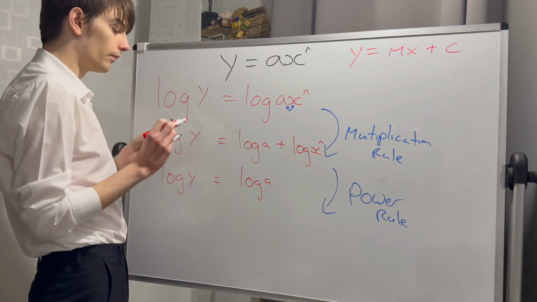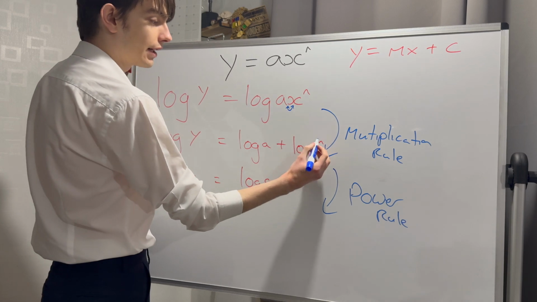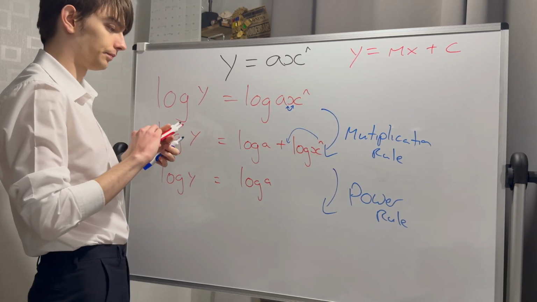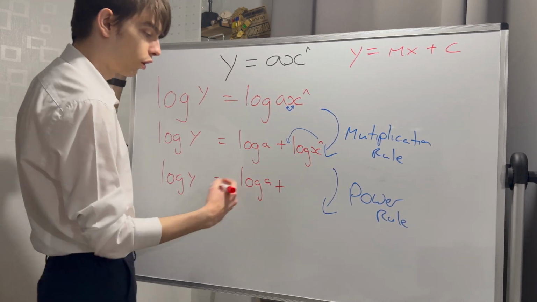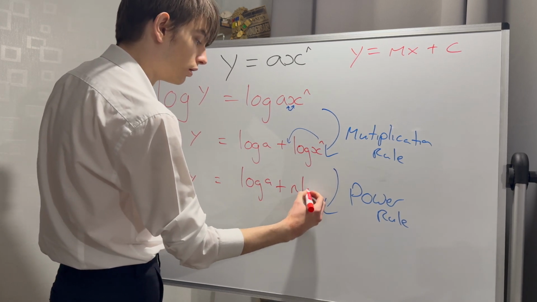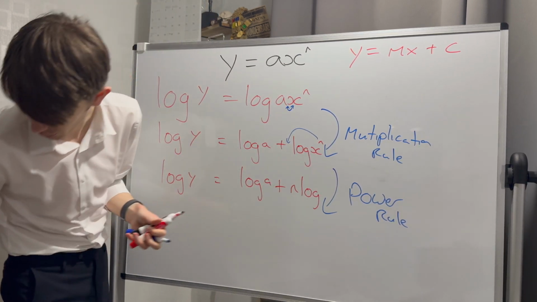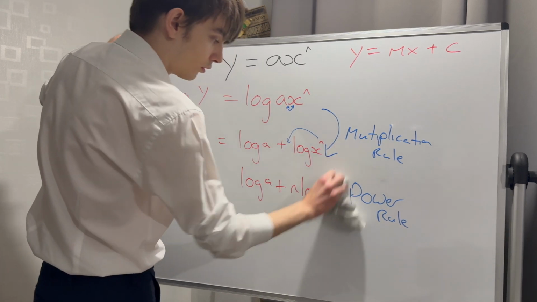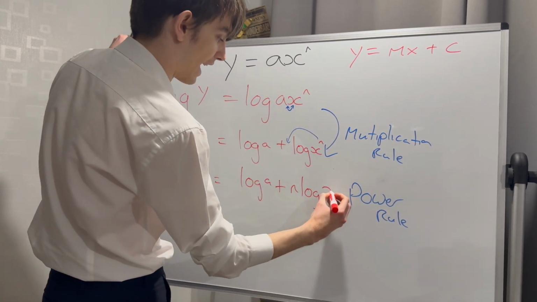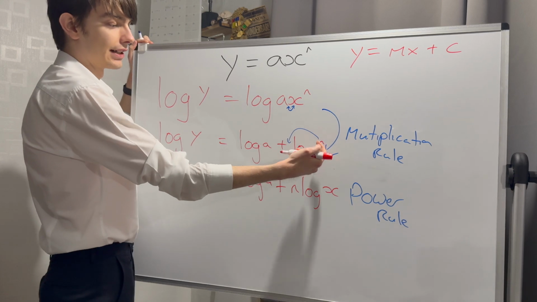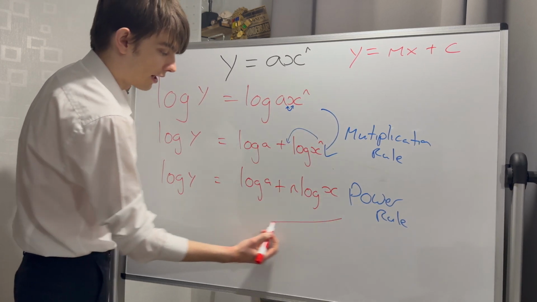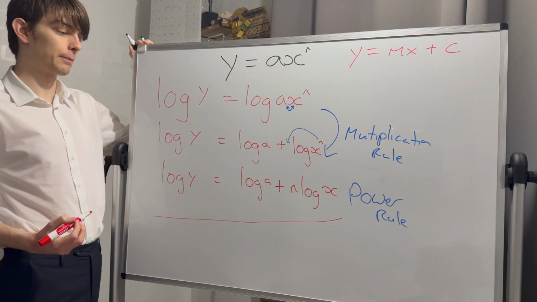So what am I going to do? I'm going to bring that indice down in front. And I will end up with log of a plus n log of x. That power, that n, gets brought down in front, and I end up with this.